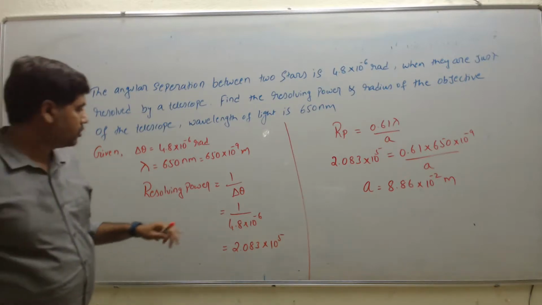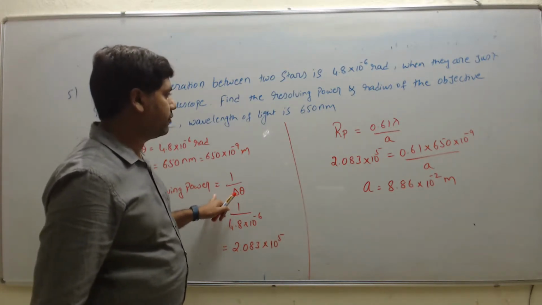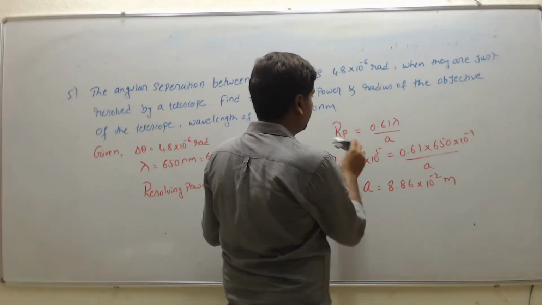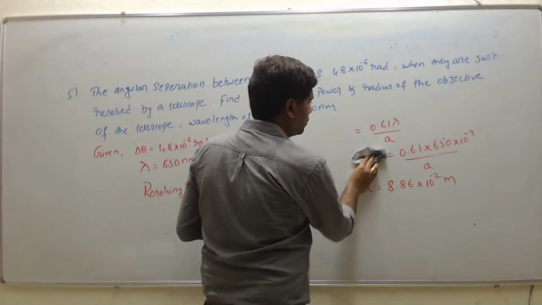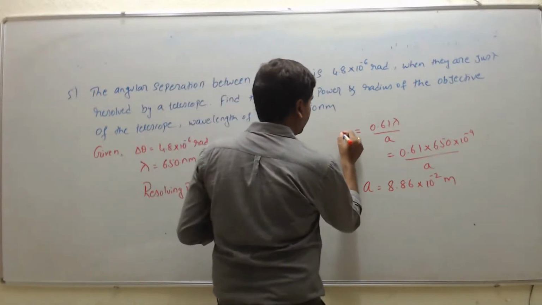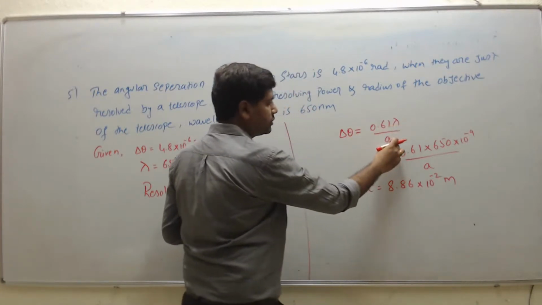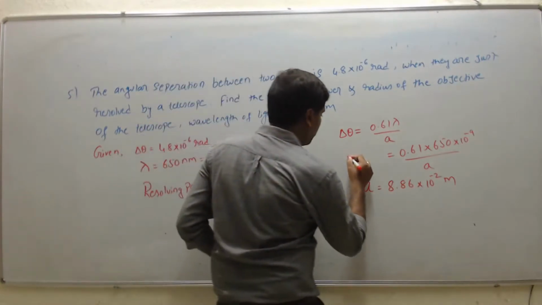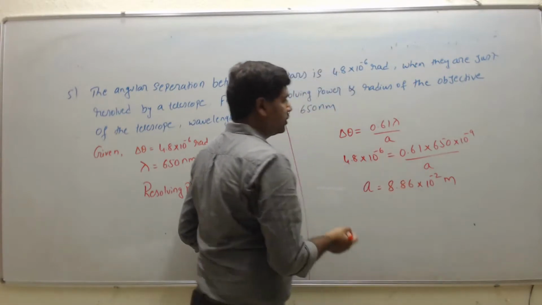Here this is the formula for the limit of resolution. So this can be written as delta theta, the limit of resolution, equals 0.61 lambda divided by A. So we substitute the value 4.8 into 10 to the power of minus 6.